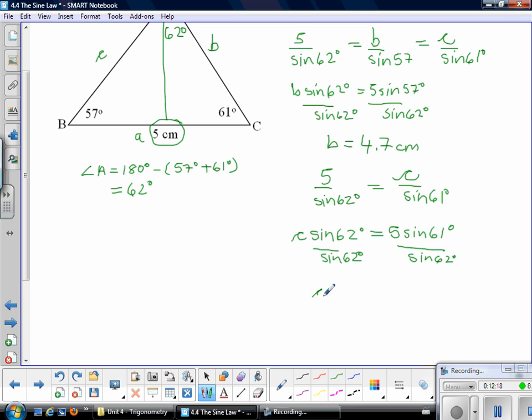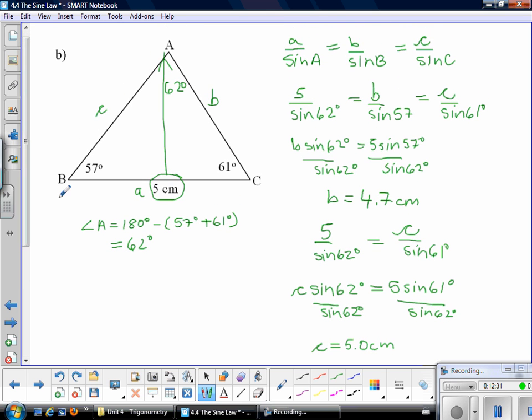So that means C is going to equal, when I do my multiplying and dividing, approximately 5.0 centimeters. So now we found that this is approximately 5.0 centimeters, and side B was 4.7 centimeters. Okay, and we have all three angles, all three sides. So we're finished solving that triangle.